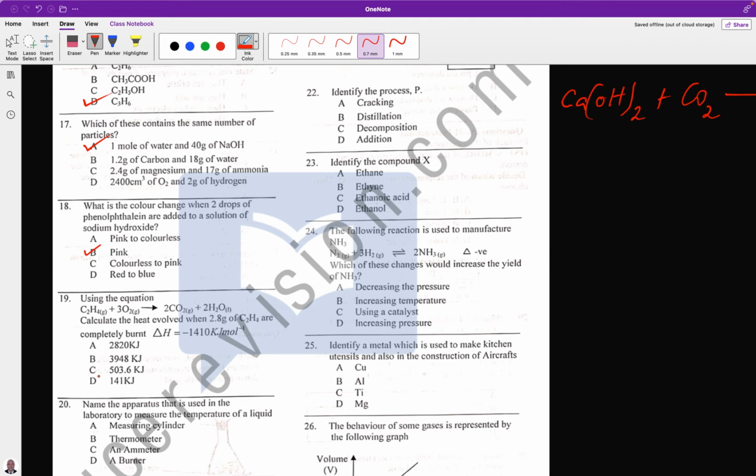We will not use Hess's law here because we have not been given the enthalpy of combustion or the enthalpy of formation of ethene and other things like that. We have been given only the heat change when 1 mole of ethene is combusted.